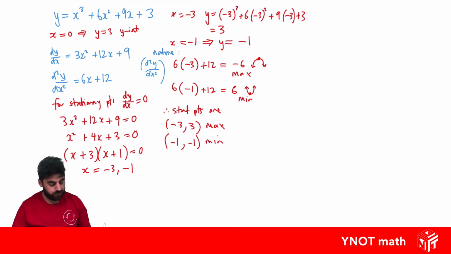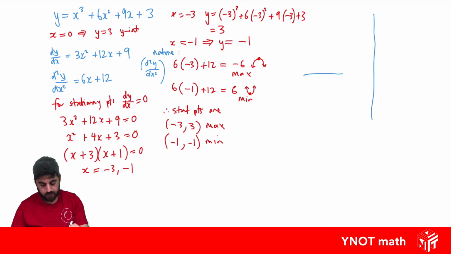So we already know some information about the curve now. Let's graph some things we know already. We have a y-intercept of 3. We have a maximum turning point at minus 3, 3, here.